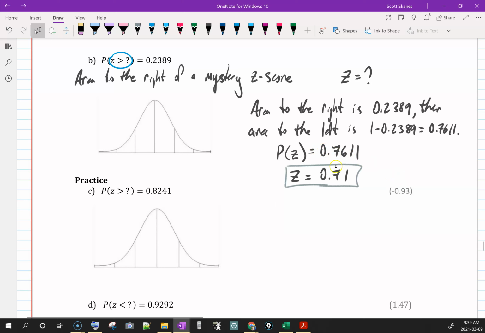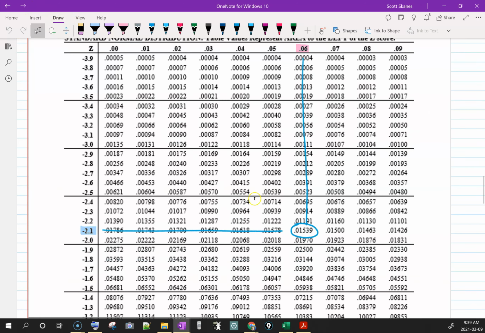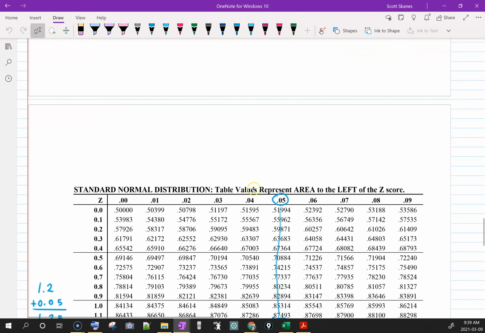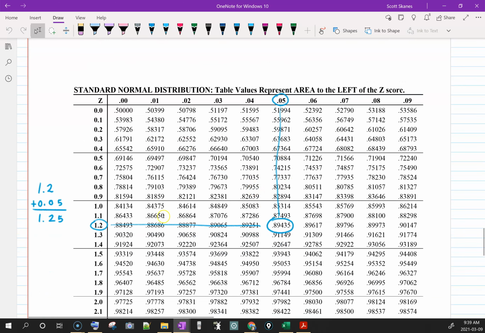So, let's be clear. I just figured out the area to the left of some mysterious z-score. It's 0.7611. So I can look in my table. I need to look at my positives. This is a table of areas and probabilities, okay? So I'm looking for 0.7611. I'm actually looking in the table for a probability that's very close to that.